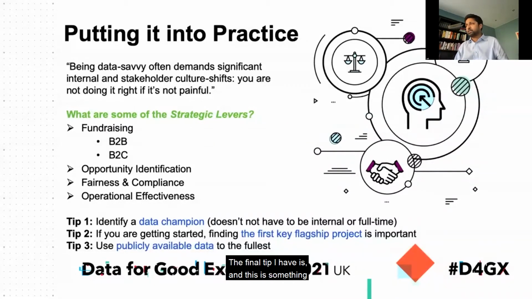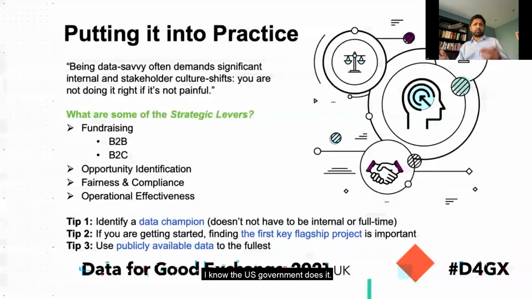The final tip I have is something that's kind of undertapped in general, not just by NGOs and charities, but in general: there's an increasing amount of publicly available data. Most governments now make data available publicly in fairly mineable form. I know the UK government does it. I know the US government does it.